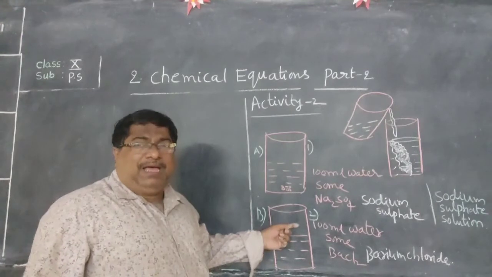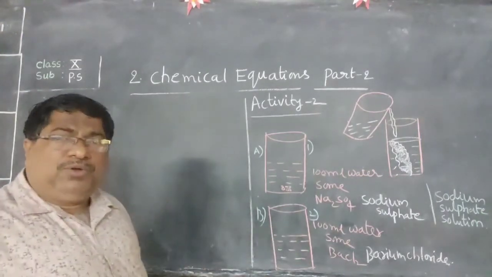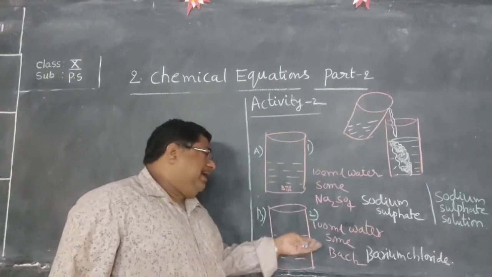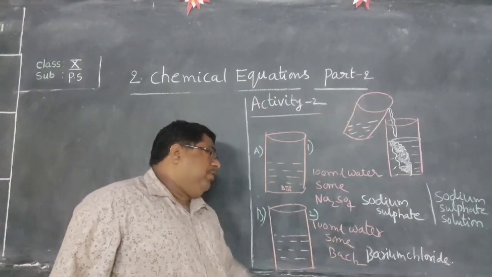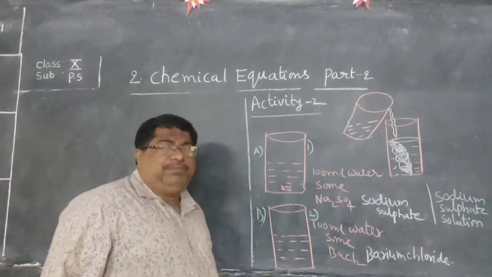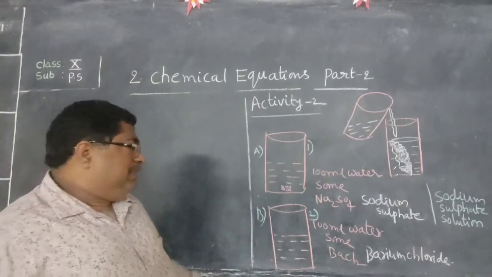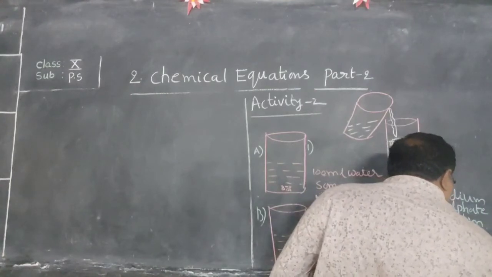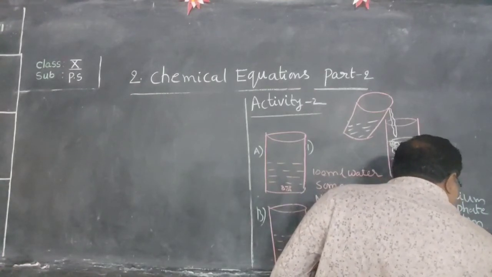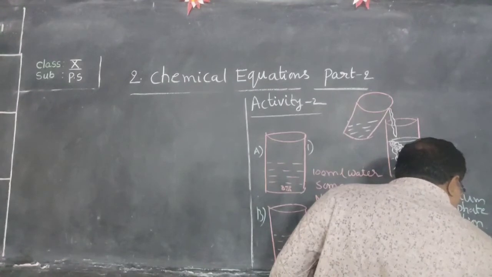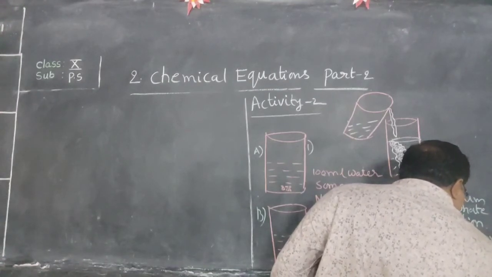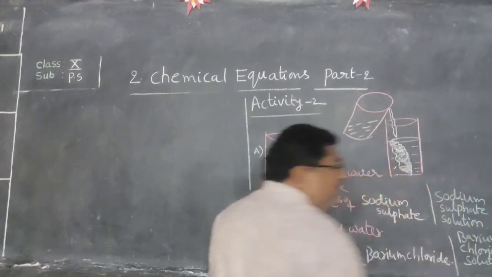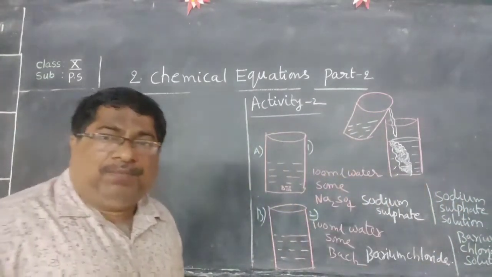Similarly, in the second beaker, what do we take? The same 100 ml of water, and we add some barium chloride. Then the solution formed is called barium chloride solution.